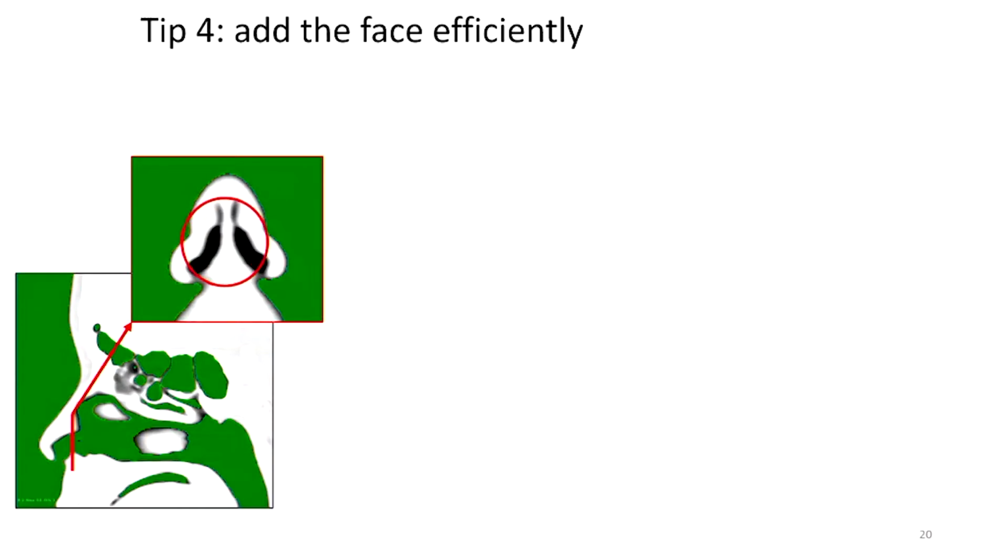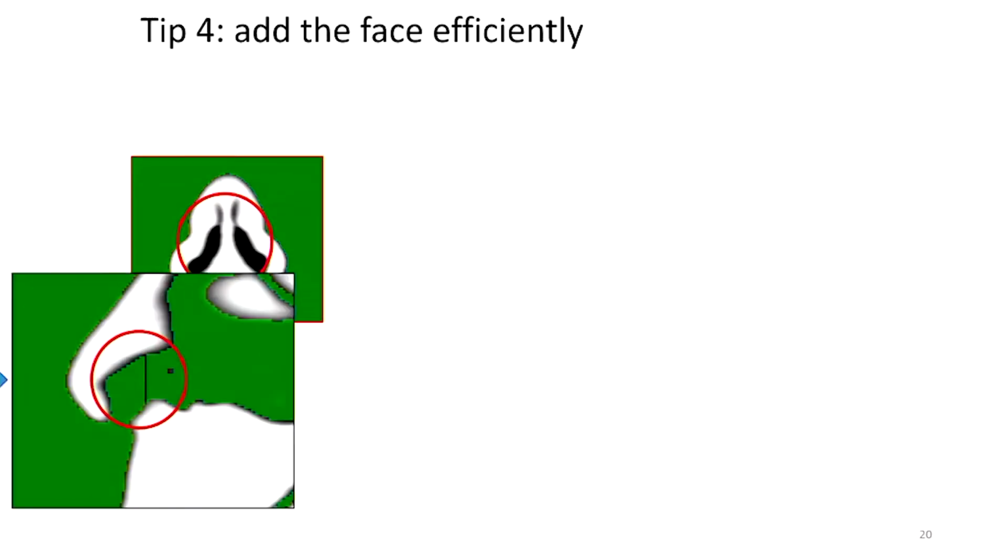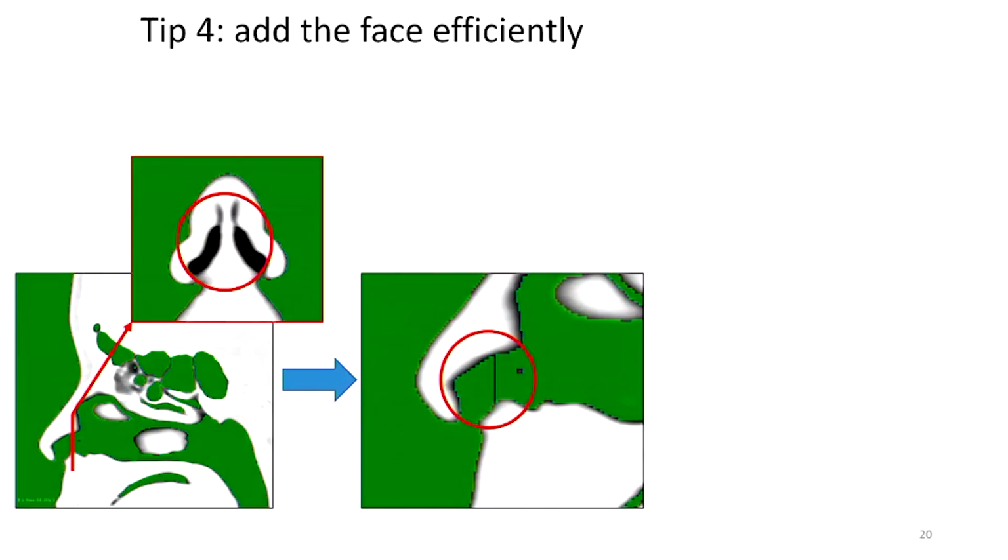And you can erase this mask near the narrowest part, which is the nasal valve, and then you get this mask, the black slice, splitting the external part and the nasal cavity part.